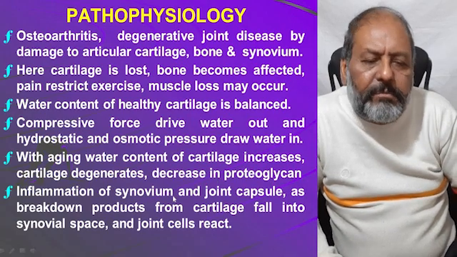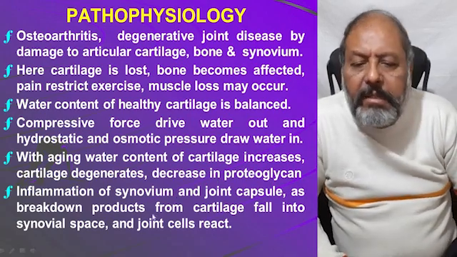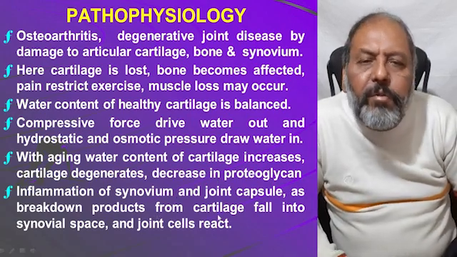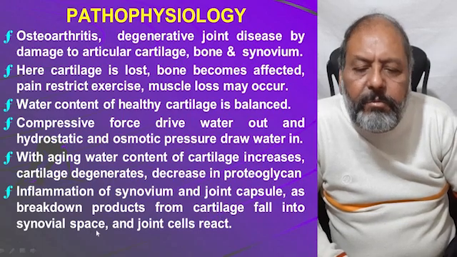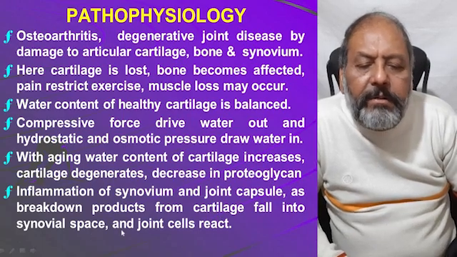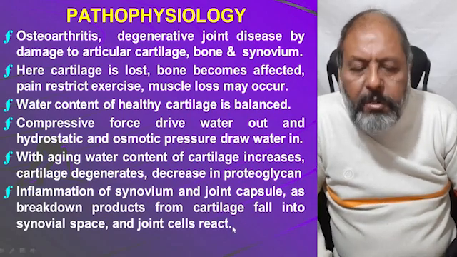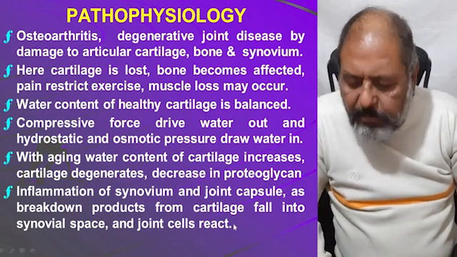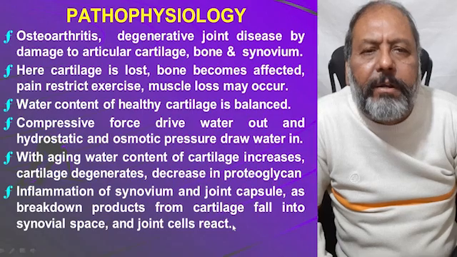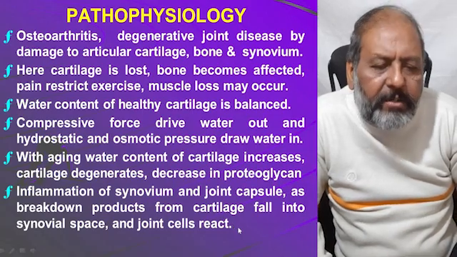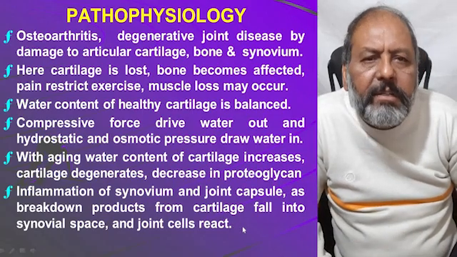Inflammation of the synovium and the joint capsule occurs as breakdown products from the cartilage fall into the synovial space, and the joint cells react with inflammation because of the foreign particles, which fall as part of the cartilage into the joint space.